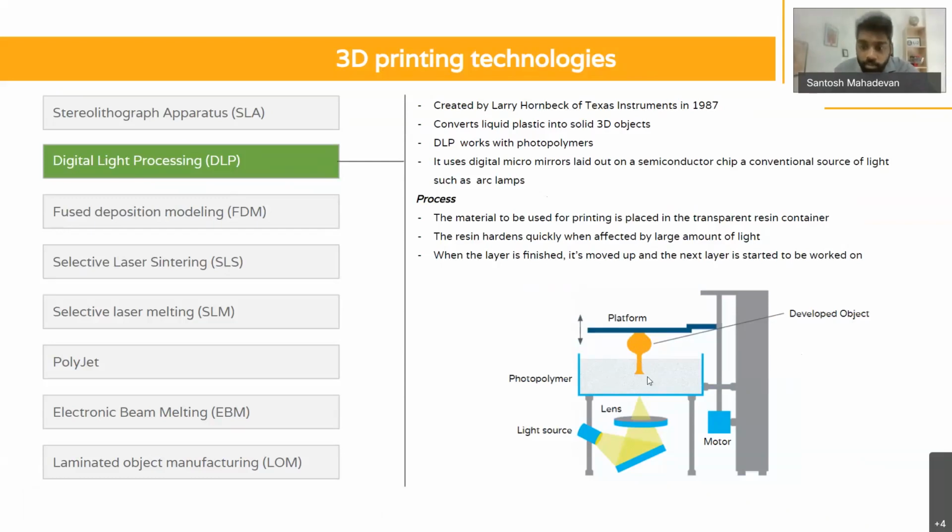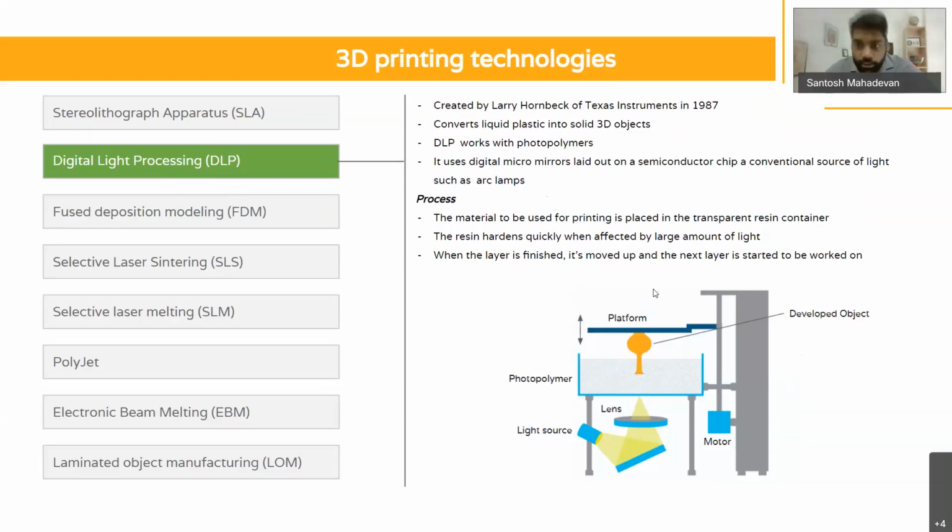After every projection and every curing of the photopolymer, a new layer is formed in the DLP process. Subsequently, layer upon layer upon layer gets formed for the object to be formed.